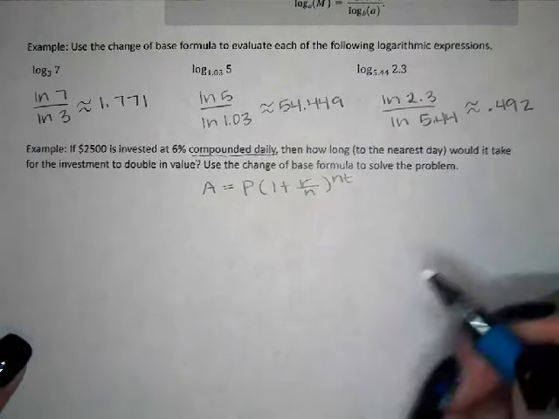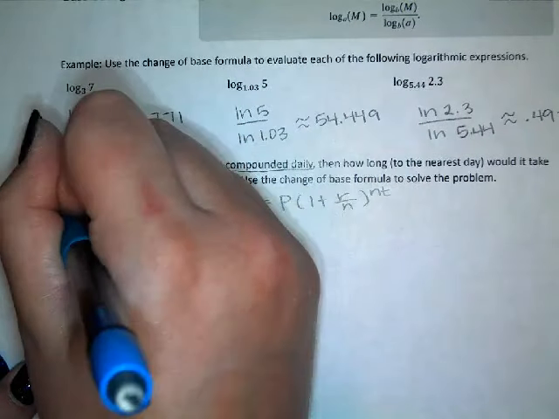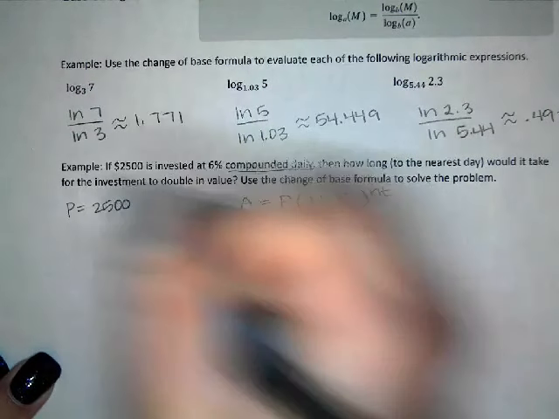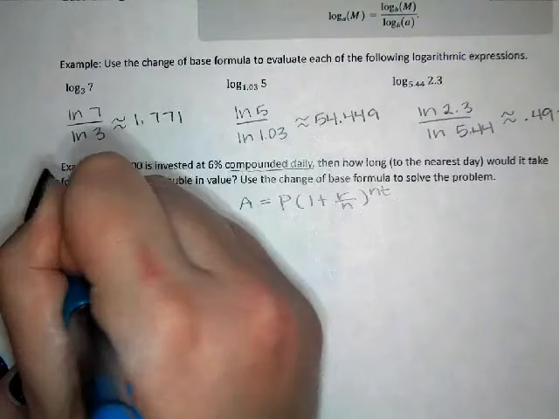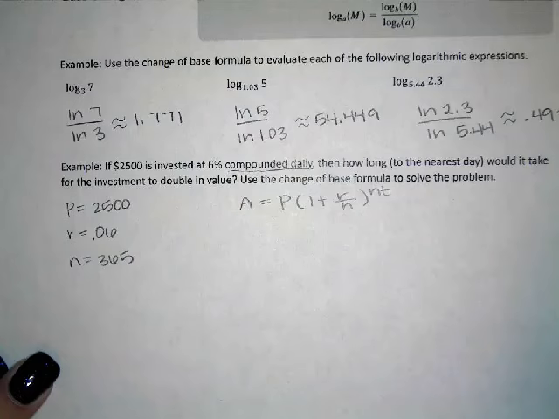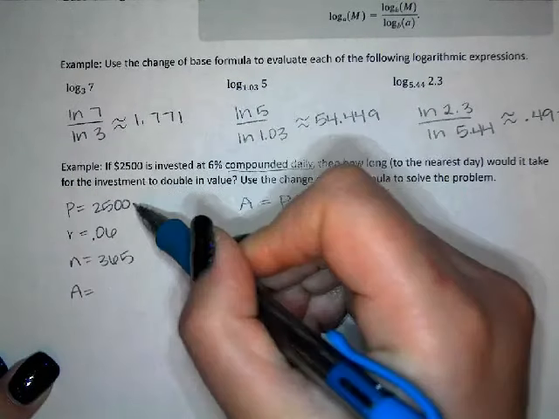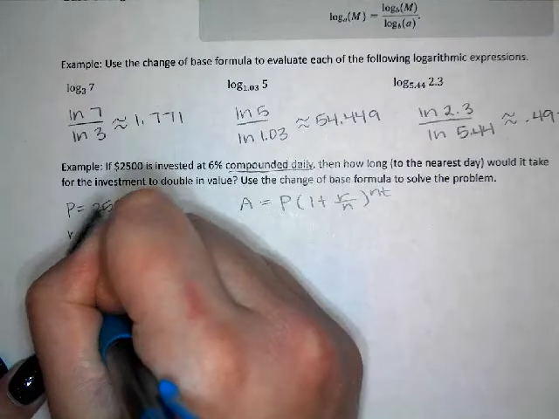So we have $2,500 is invested, 6%, compounded daily. Then how long would it take for the investment to double in value? So if we're starting at $2,500 and we want to double that, then we want to end with 5,000. Okay.